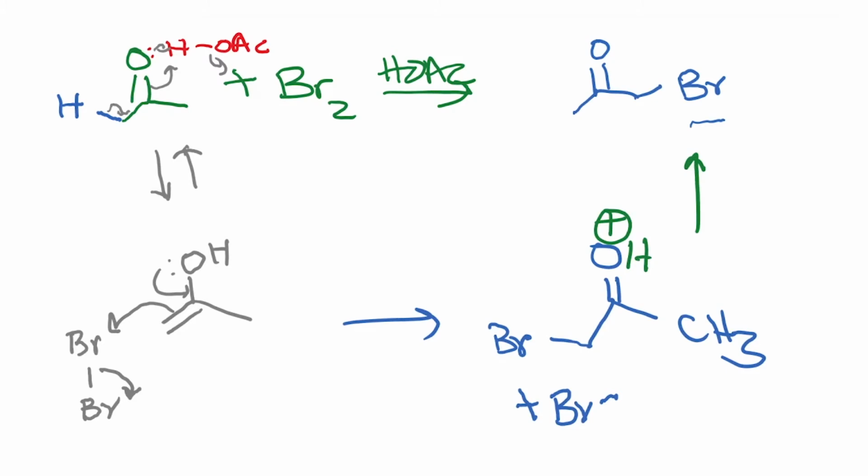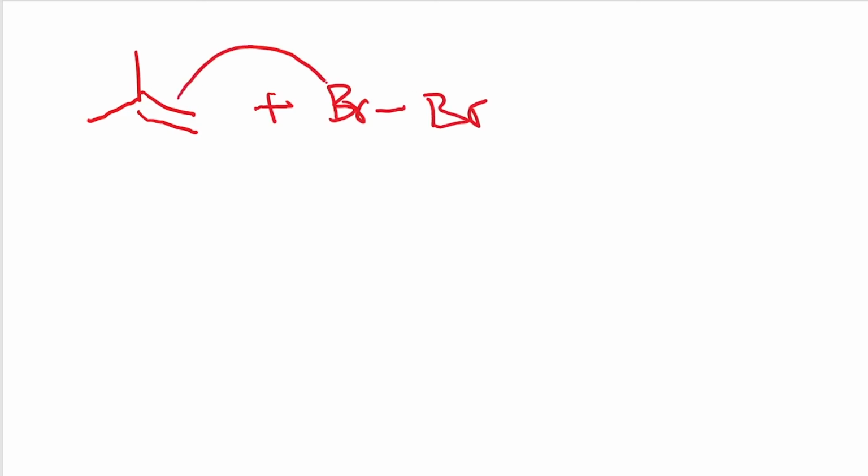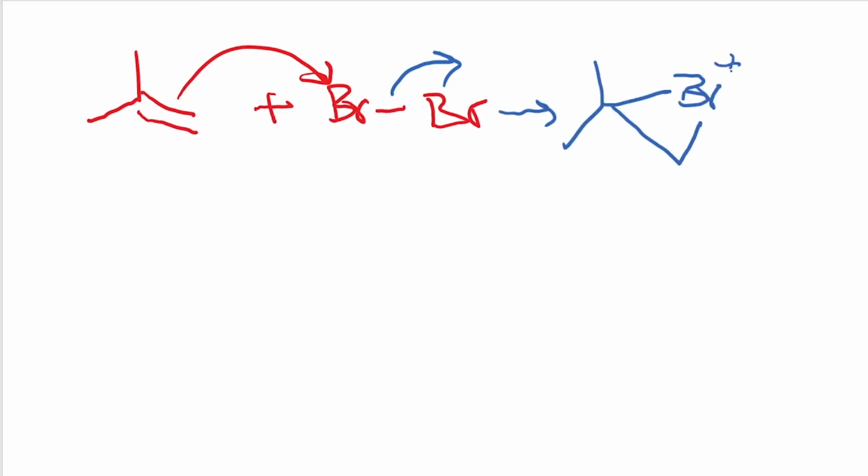Now this reaction can be compared with the reaction of an olefin, which we have already looked at in some detail. If you have this olefin plus bromine, this attacks over here, and then you have a loss of Br minus, and you already know that there's good evidence that it produces a cyclic bromonium ion.